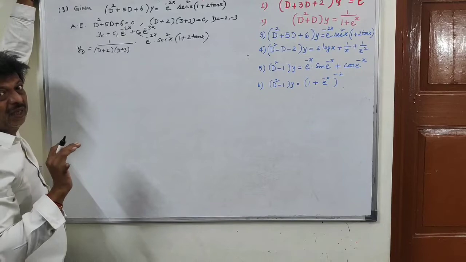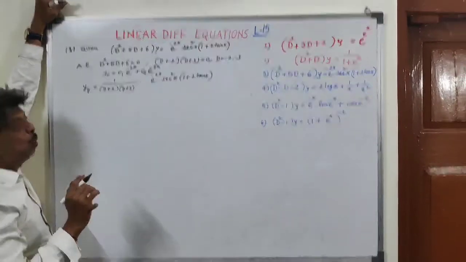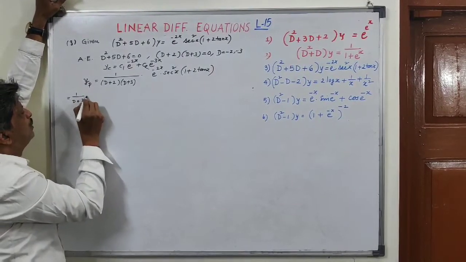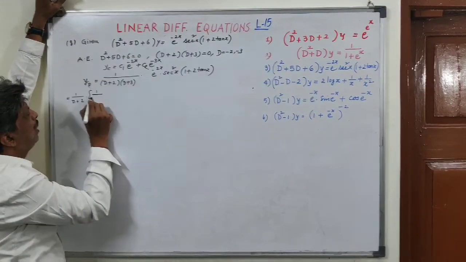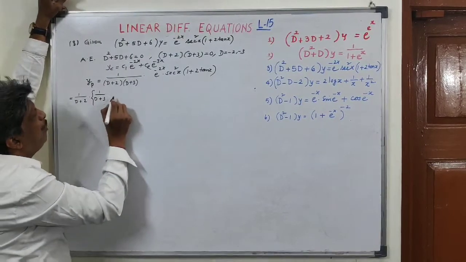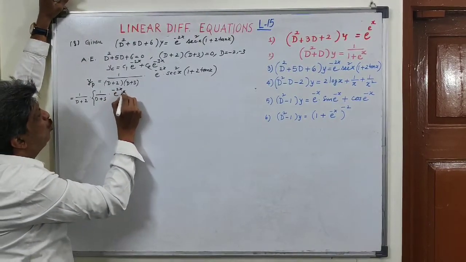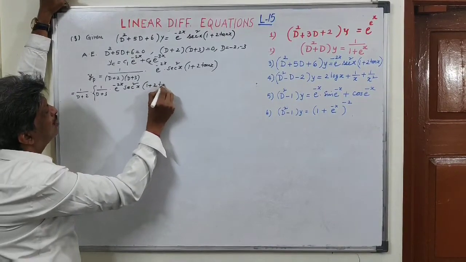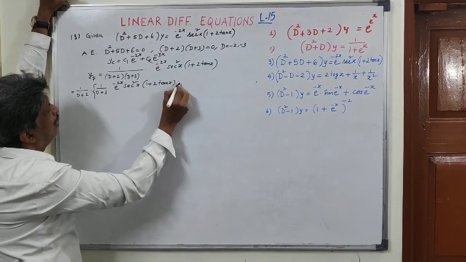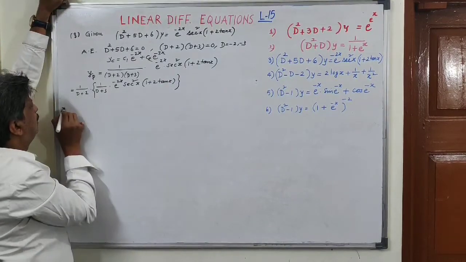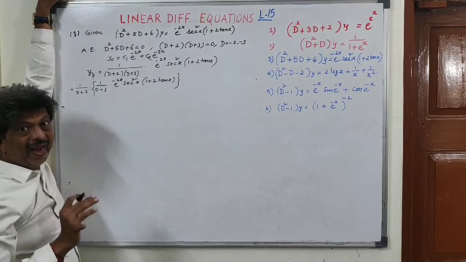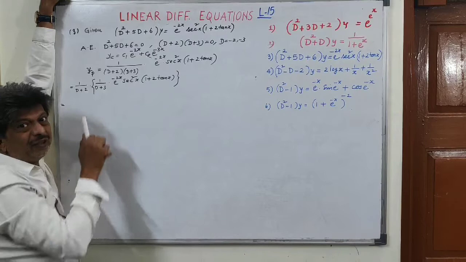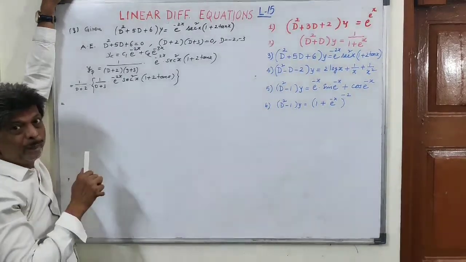This is further equal to 1 upon d plus 2 times 1 upon d plus 3 operating on e raised to power minus 2x into sec square x into 1 plus 2 tan x. Why have I deliberately introduced this factor first, not d plus 2?